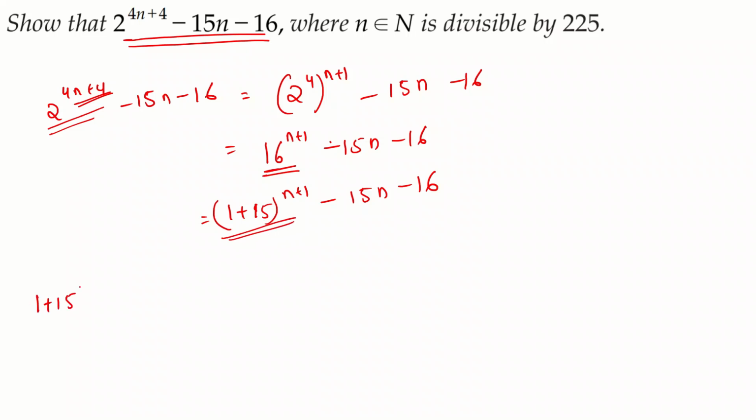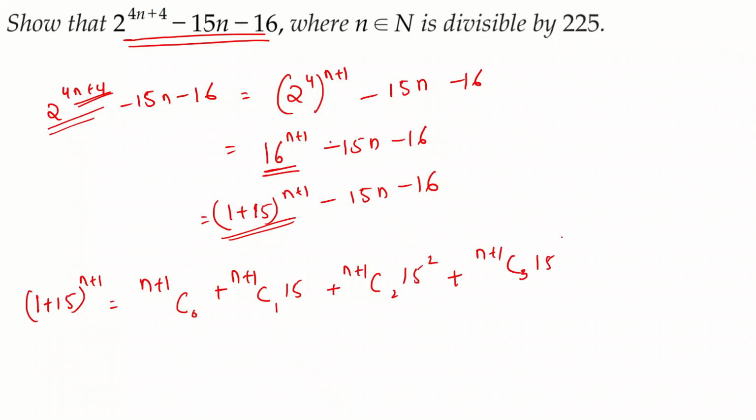1 plus 15 whole to the power of n plus 1 is equal to n plus 1 c0, then n plus 1 c1 15 to the power of 1 plus n plus 1 c2 15 square, n plus 1 c3 15 cube, all the way up to n plus 1 c n plus 1 15 to the power of n plus 1.